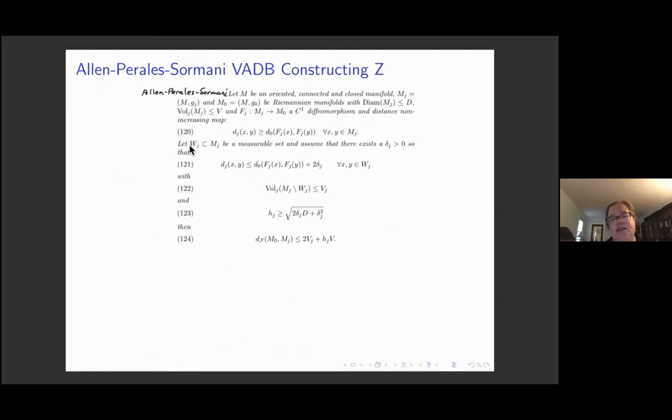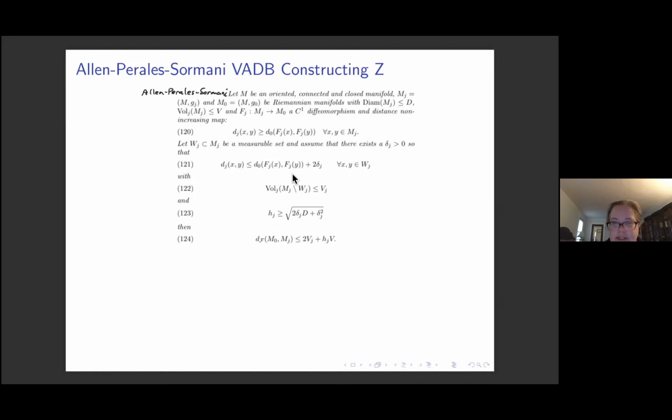But now we're going to say, suppose there's a WJ that's a measurable set, and assume that there's a delta J greater than 0, such that we have DJ greater than or equal to D naught plus 2 delta J. So we're having a distance above on a WJ. This is a little bit similar to the estimate with Lakzian, and a little bit similar to the estimate with Huang and Lee.